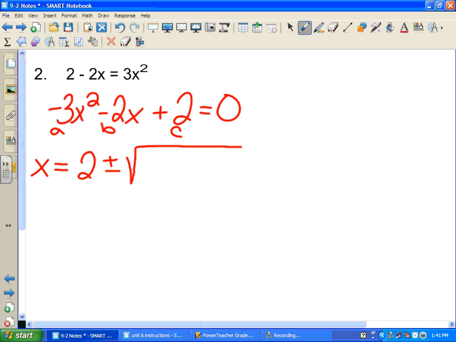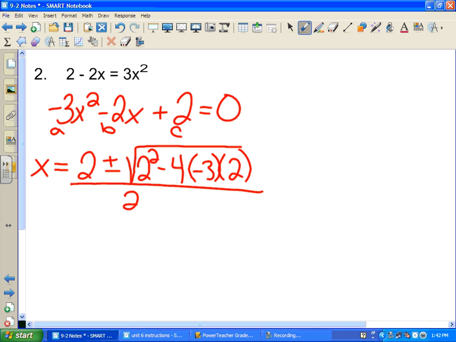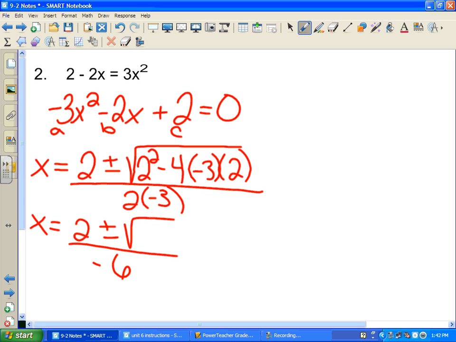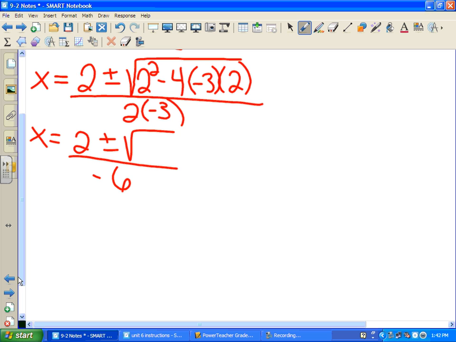So again, let's just leave off the negative, which is 2 squared minus 4 times A times C, all over 2 times A. You can put that, but you have to put it in parentheses.